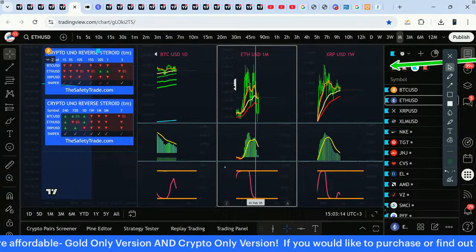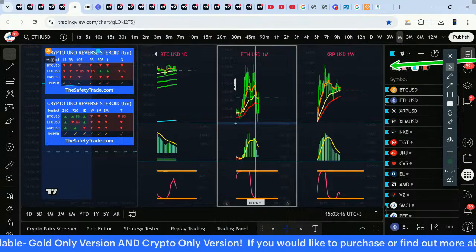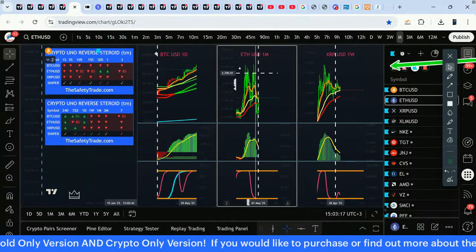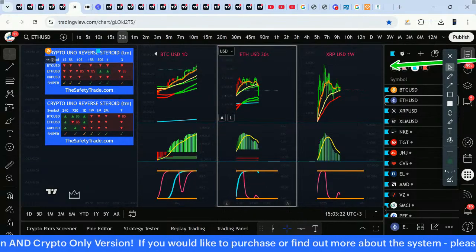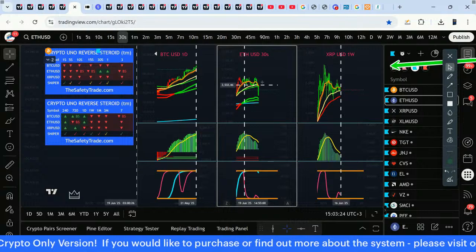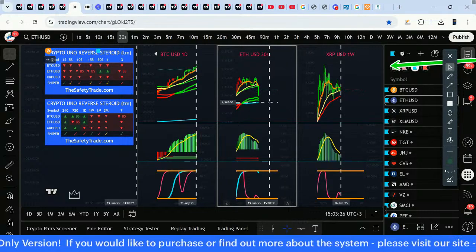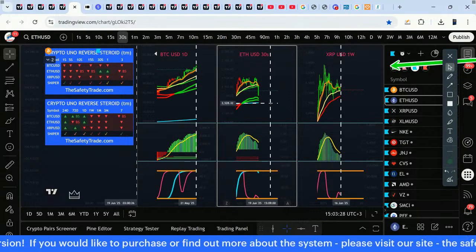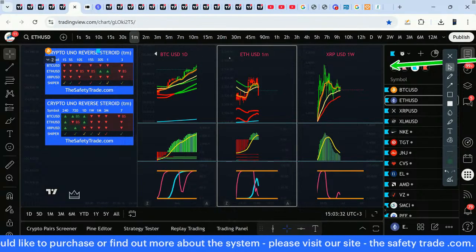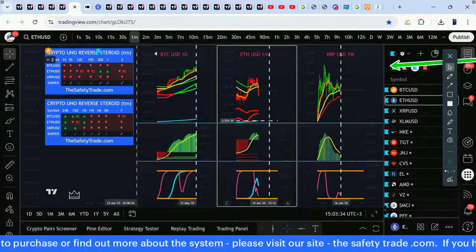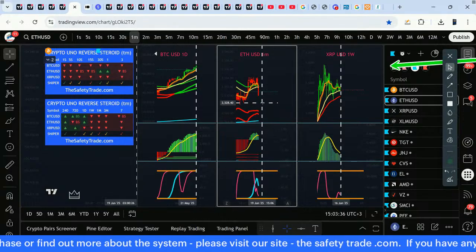Now, if you guys want some faster ones, I would look for these sells on 30-second Ethereum. I would never call a sell officially, but it's going to do that. 30-second sell to 25.28 or something like that. Let me go to the 1 minute. Maybe we can get a little lower for you. 25.24 Ethereum.